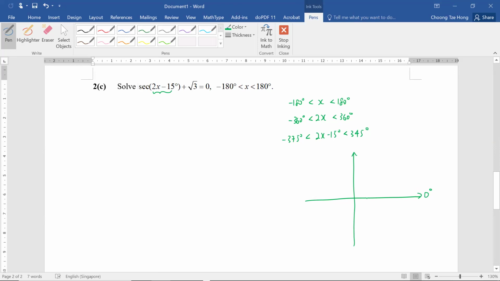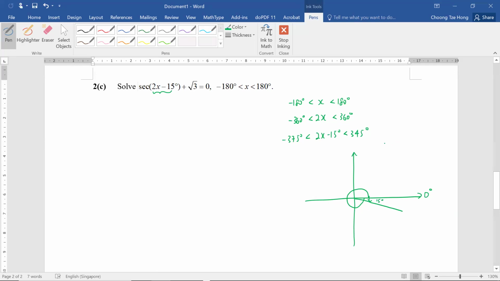Negative 375 is negative 360, one full round, and then another extra 15 degrees.